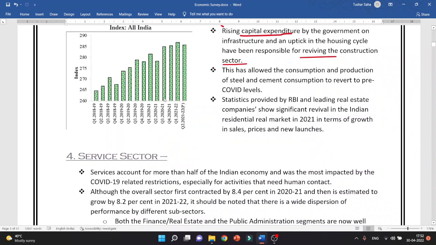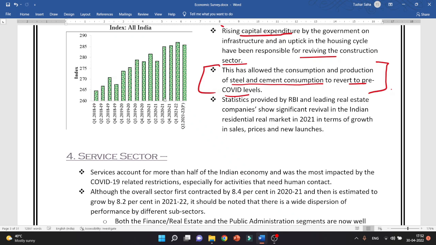Then, this has allowed the consumption and production of steel and cement to revert to pre-COVID levels. Okay, so it's particularly the government push that has led to consumption in the steel and cement sector. So steel and cement show infrastructure development.